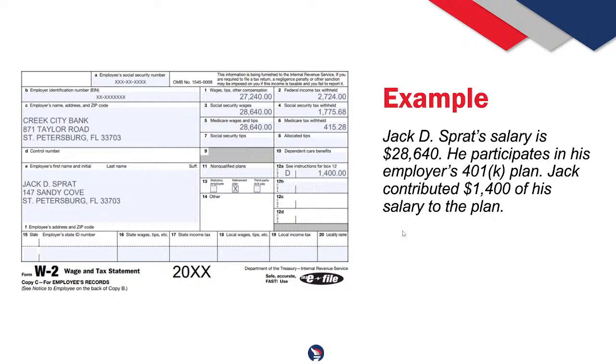Hopefully by then he'll be retired and be able to live on less income. So theoretically he might be in a lower tax bracket, although looking at this, he's in the 10% tax bracket now, so he's already at the lowest level currently. We'll see what it turns out when he actually retires.